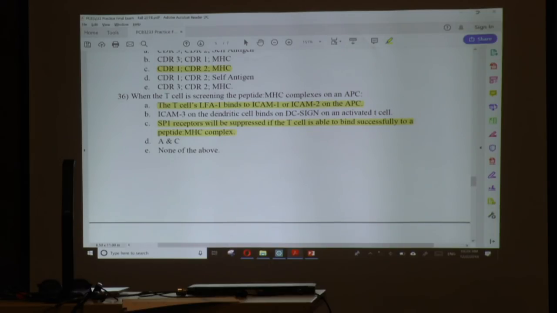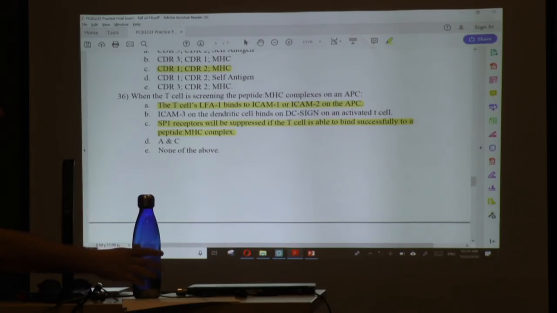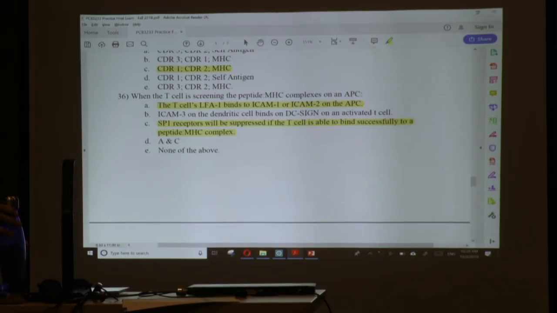Now, let's say T cells get into an HEV and they're in the lymph node, but a T cell already recognized something, so there's no more dendritic cells available to show stuff. And all the rest of the T cells, they need to leave and they need to go somewhere else because there's nothing else in there to be scanned. How does the dendritic cell tell the rest of the T cells to go away?